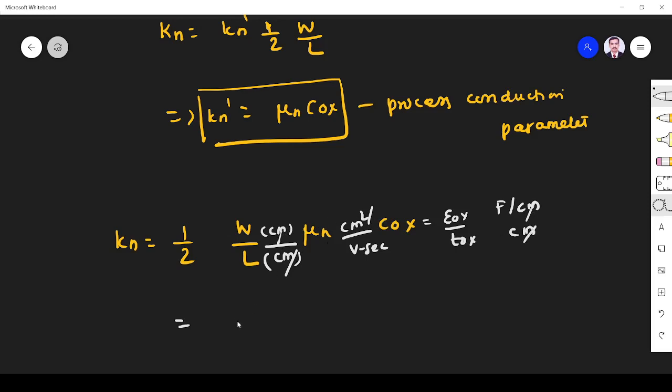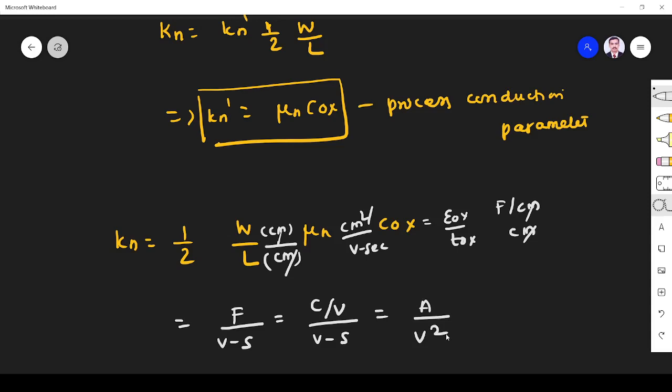Since F is equal to C by V, capacitance is coulomb per volt, so it is coulomb per volt square second. Coulomb per second is ampere, so it is ampere per volt square.